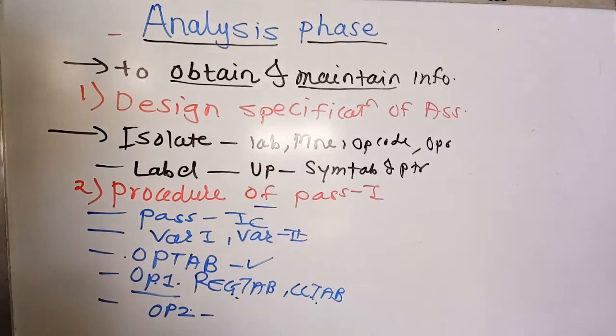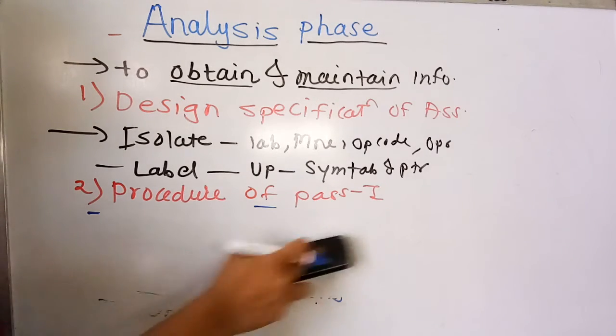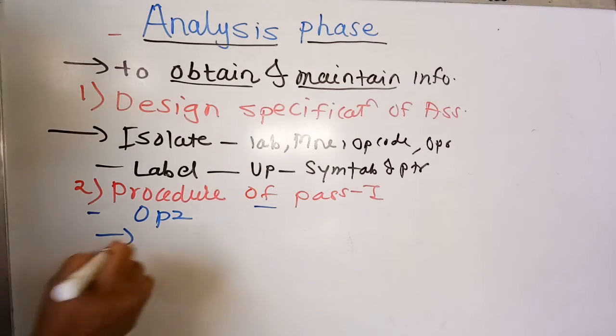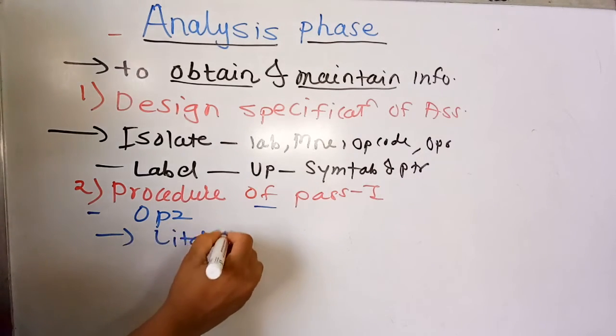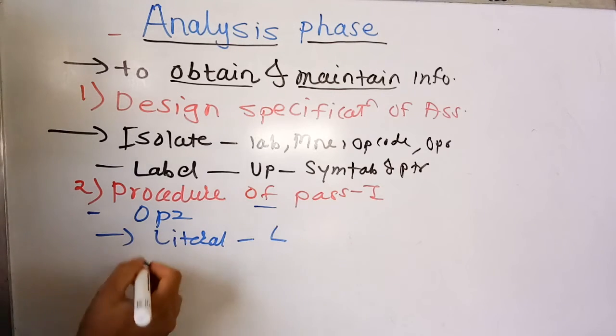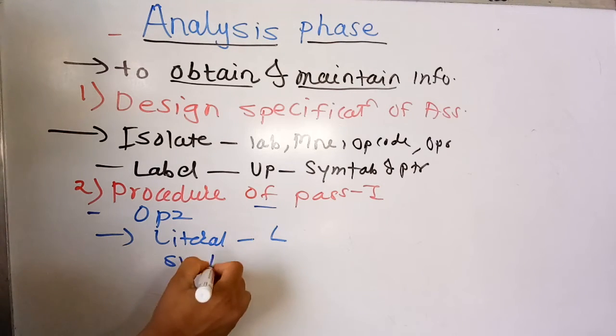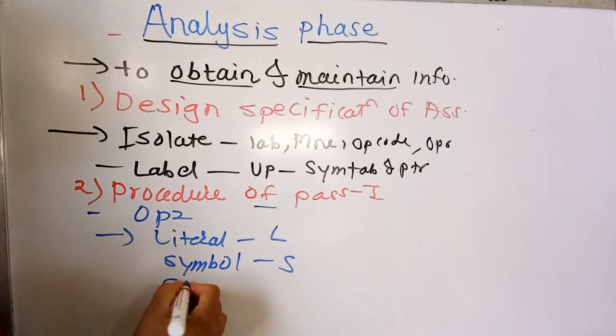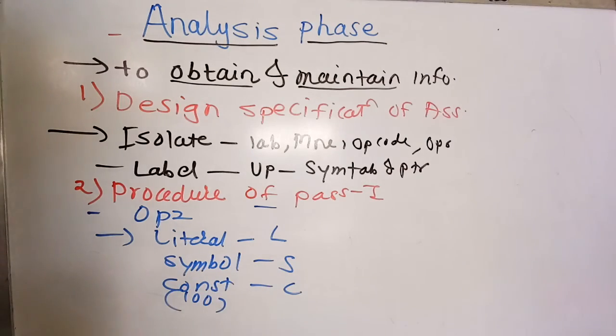But operand 2 has two types. When operand 2 is a literal, its type is L. If it is a symbol, its type is S, and if it is a constant, like any number, it will be of type C.